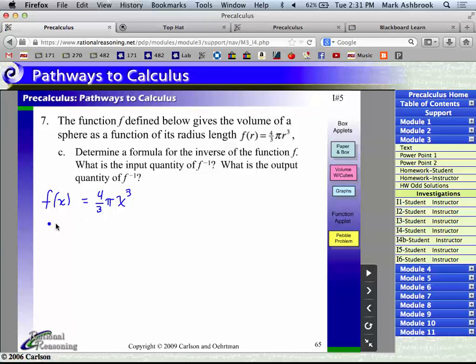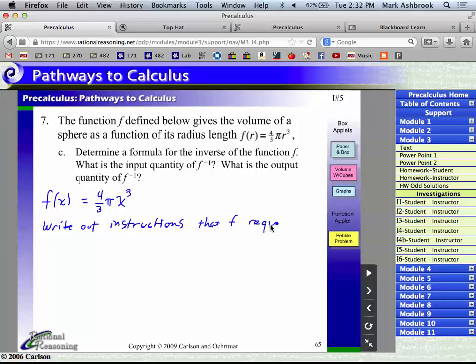So the first thing we're going to do is write out the instructions that f requires, or that f tells you what to do.